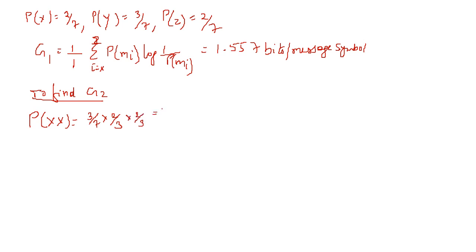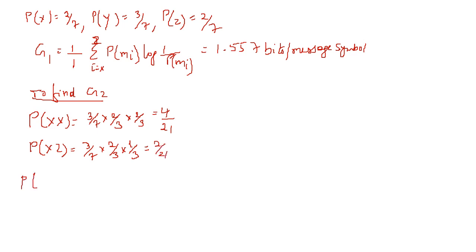So you are going to get Pxx equal to 4 by 21 from your tree diagram. Similarly, Pxz will be equal to 3 by 7 into 2 by 3 into 1 by 3, which is equal to 2 by 21.